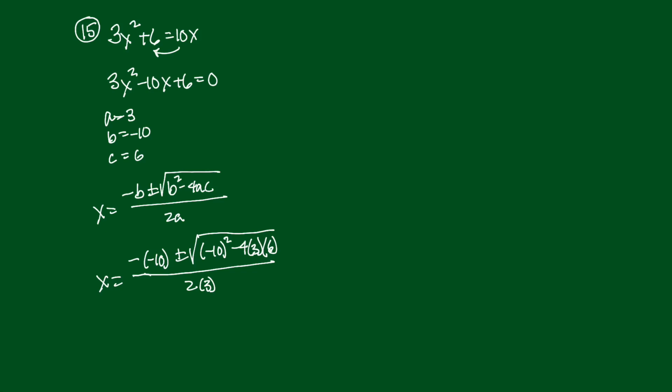All right, let's do this arithmetic. I'll do it up here. So we'll get x equals opposite of negative 10 is 10, plus or minus the square root of, now negative 10 squared is 100. Now what do we get here? Negative 4 times 3 is negative 12. Negative 12 times 6 is negative 72.